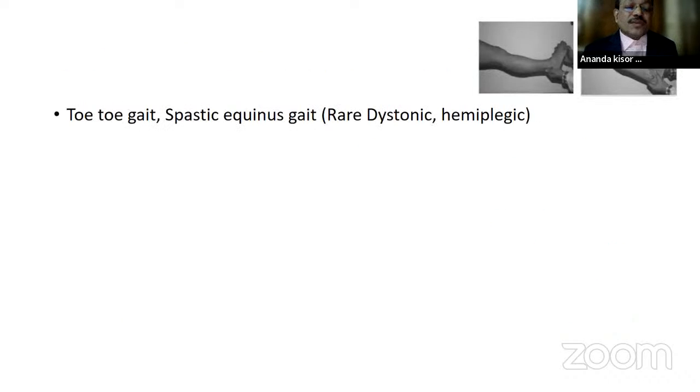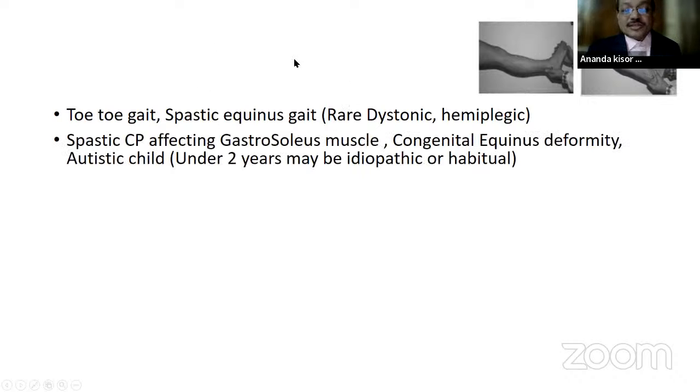So what is the diagnosis? Basically, it is the toe-toe gait, or equinus gait, or spastic equinus gait. That is due to increased hypertonia. There are two causes of hypertonia: it may be spastic hypertonia or dystonic hypertonia. It may be hemiplegic. Commonly there is a spastic equinus gait, with spastic hypertonia of the gastrosoleus.